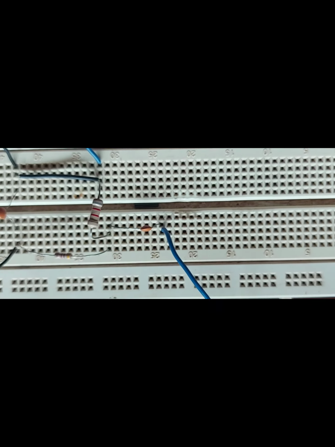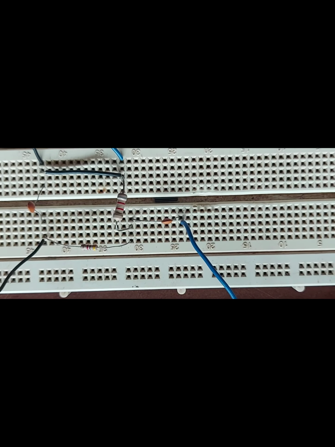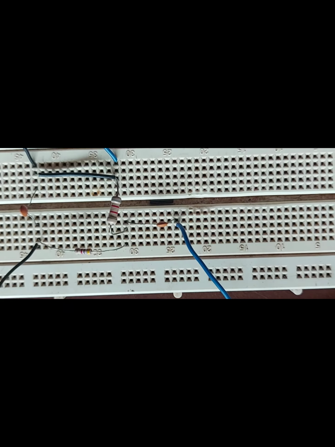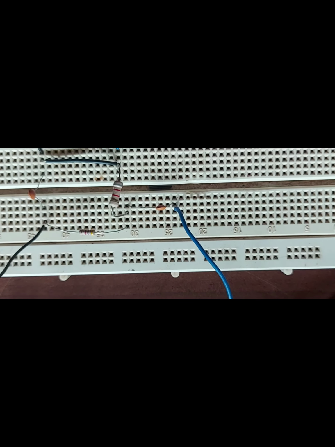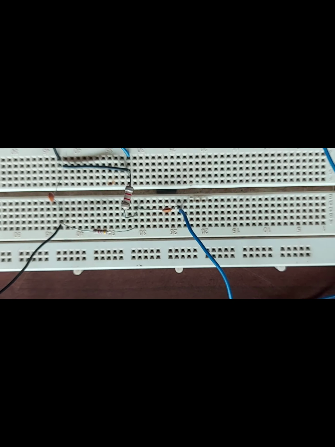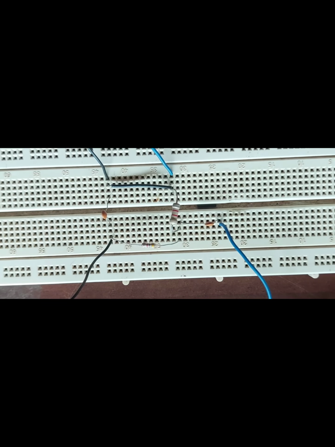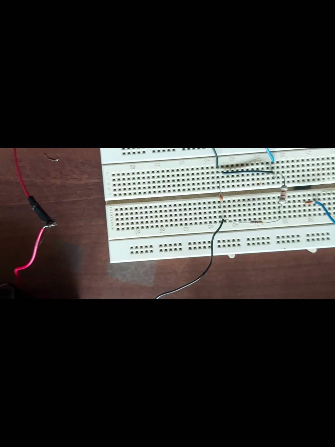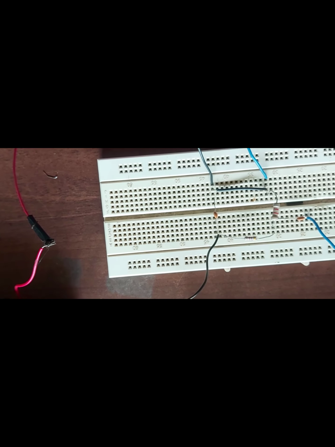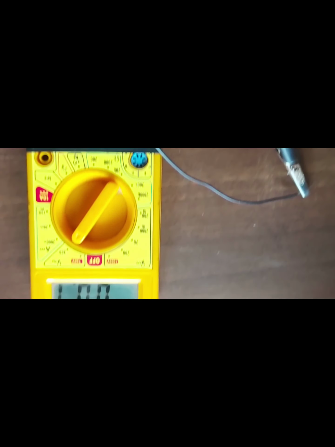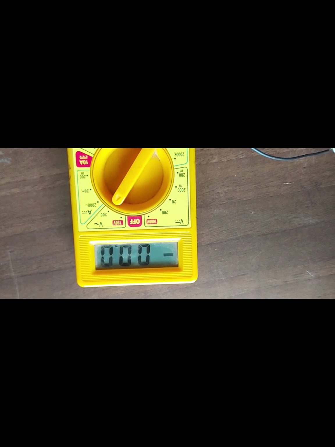First one is for R2 I am talking about. First one is yellow, then violet and then red. Okay, so this is the construction of the passive band pass filter, and we have to measure the voltage across C2. For that we have a digital multimeter.